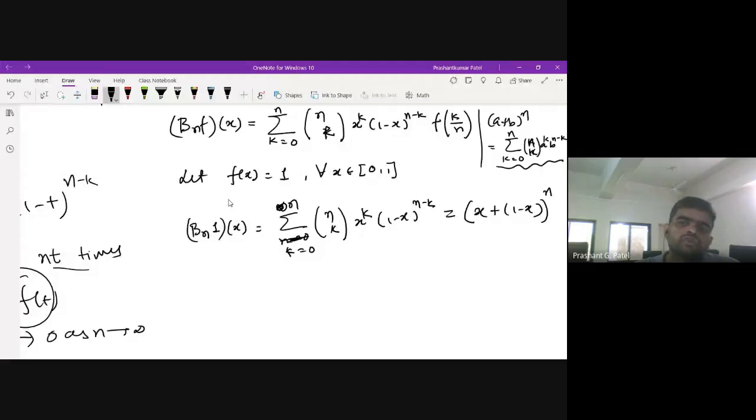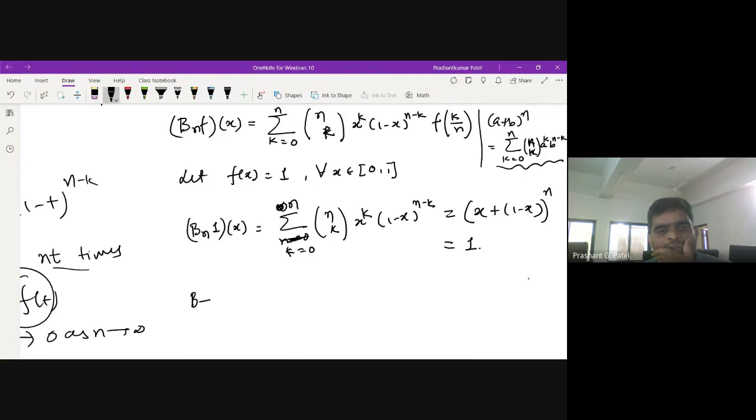And so this will give you 1 raised to n, and so it is 1. So I can say the zeroth moment of this Bernstein polynomial is 1. So this is equal to 1.